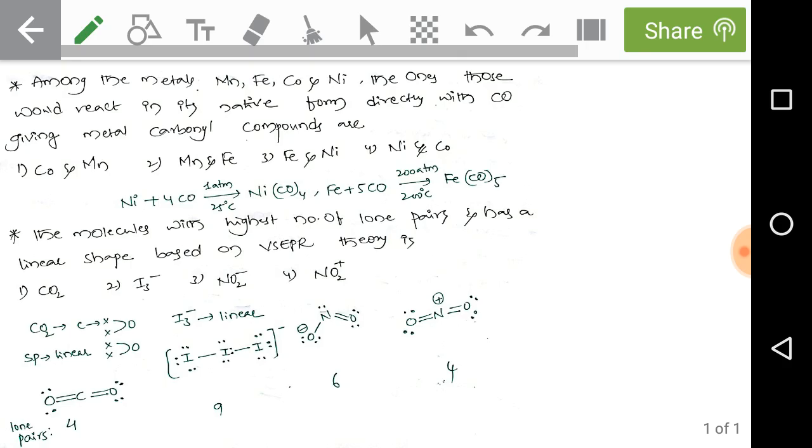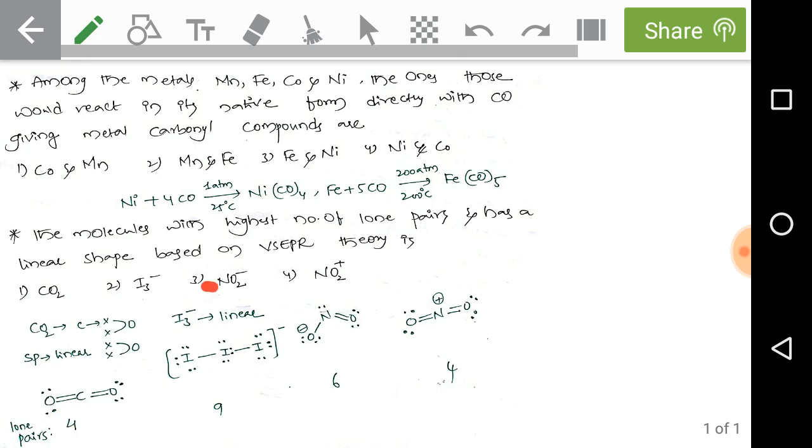For oxygen, 2 electrons are shared to make sigma bonds with carbon, then the other 4 electrons remain on each oxygen. So the total number of lone pairs is 4 on carbon dioxide.